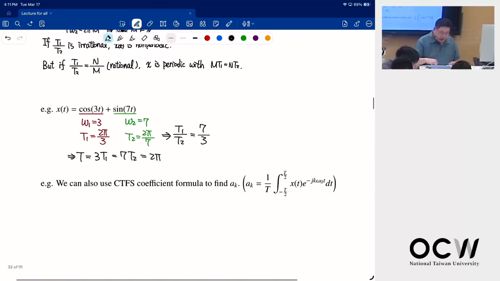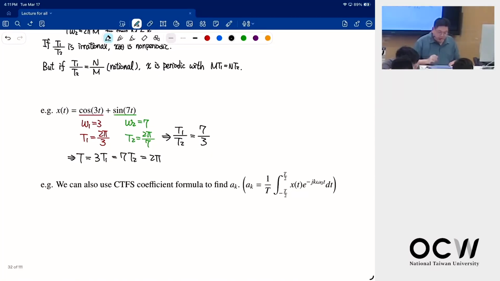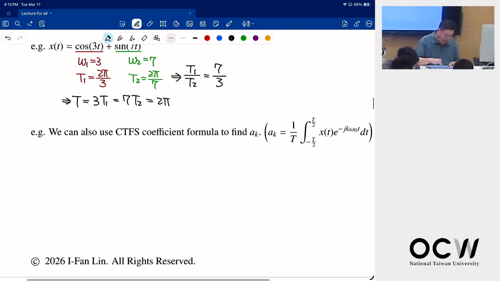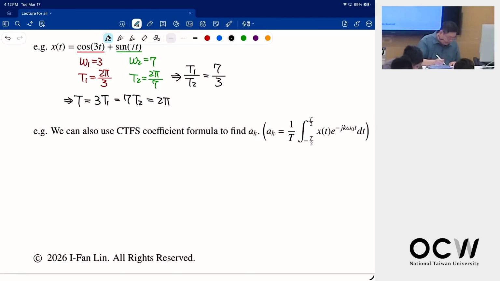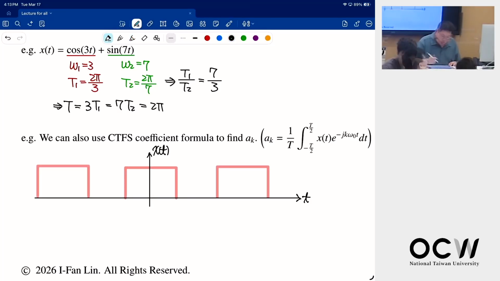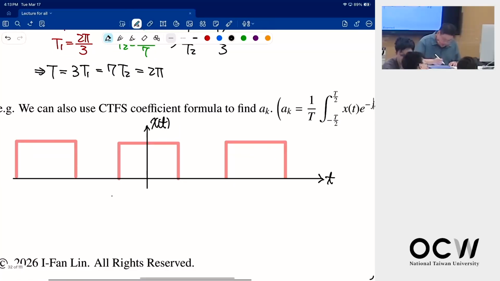Another example, we can use the continuous time Fourier series coefficient formula to find the coefficient. Okay, here's the formula. For example, if I have a rectangular pulse train, the rectangular pulse train looks like this one. This is minus 1/2, 1/2.